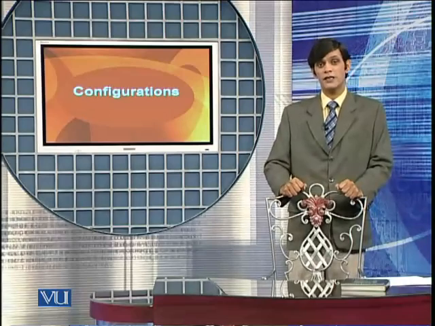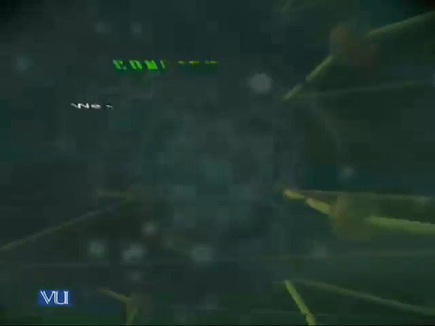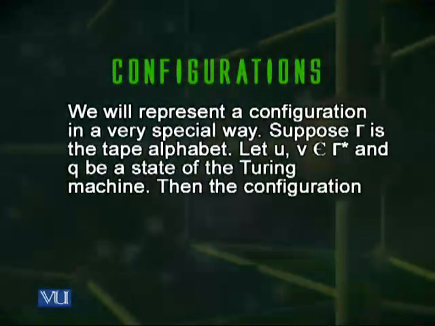However, we are not just interested in what the initial configuration of a Turing machine is going to be. We are interested in taking a snapshot of a Turing machine during the course of its computation. So a configuration is what you should think of as somebody taking a snapshot of the Turing machine while it's performing its computation. We will be representing a configuration in a very special way.